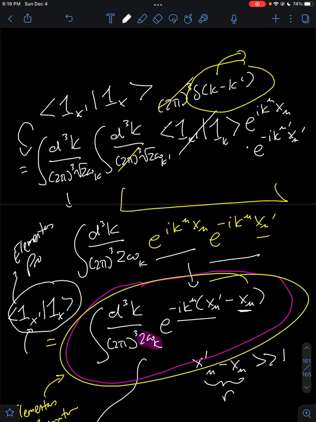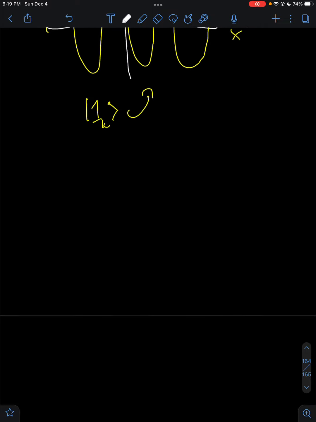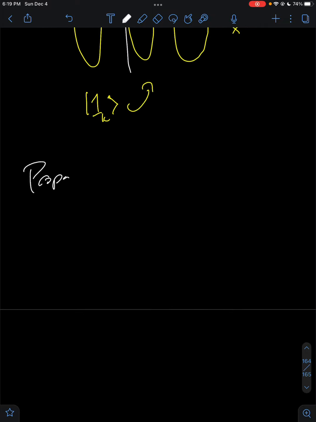We are going to be dealing with propagators a lot in this QFT series, because propagators, in general, tell us the amplitude that a particle propagates some distance.